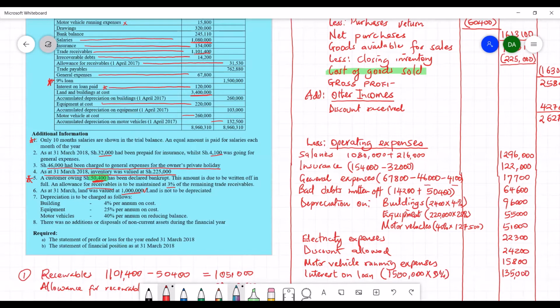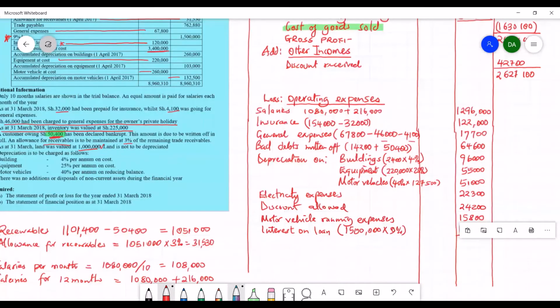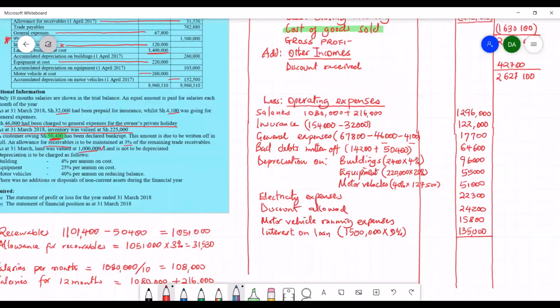So these are all the expenses. So we need to add all the expenses to get the total expenses, as follows. The total expenses is equal to 1,899,600.